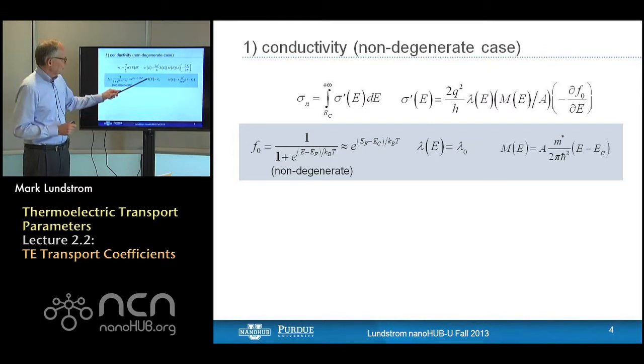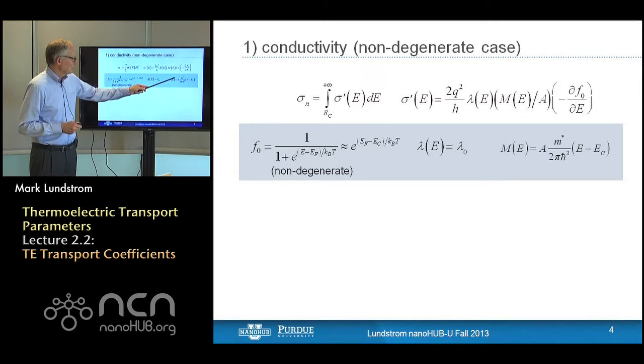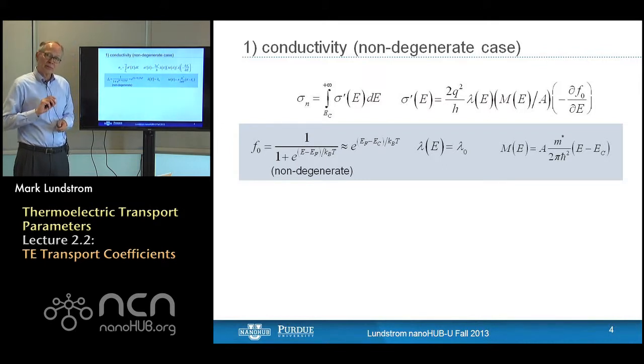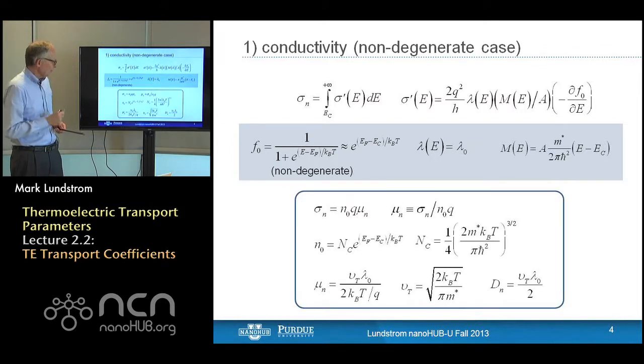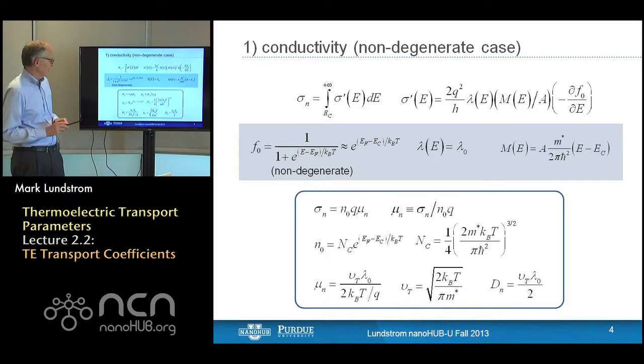Just to make things simple, I'll approximate the energy-dependent mean free path by a constant. Think of it as the average mean free path at different energies. And we'll assume a bulk 3-dimensional material in which the number of channels varies linearly with energy as we go into the band. Okay. Now, we can simply work out this integral expression and compute the electrical conductivity.